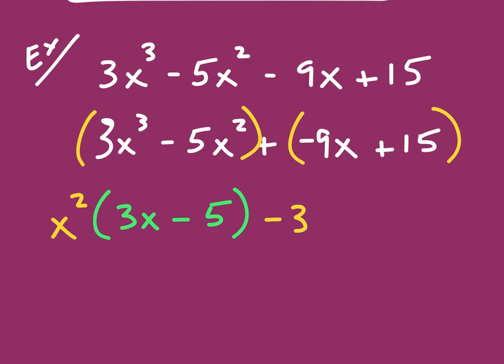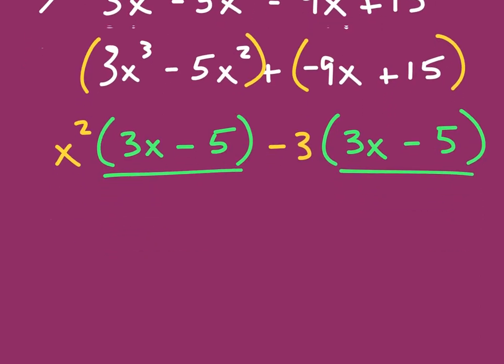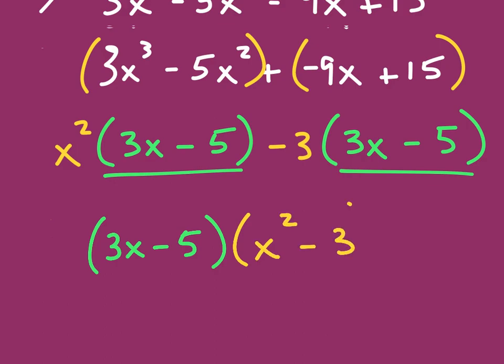Then you're left with positive 3x, and factoring a negative 3 out of a positive 15 gives a minus 5. So you have the same binomial factor here. Once you have that, you can factor out that binomial factor, 3x minus 5, and you're left with x squared minus 3.